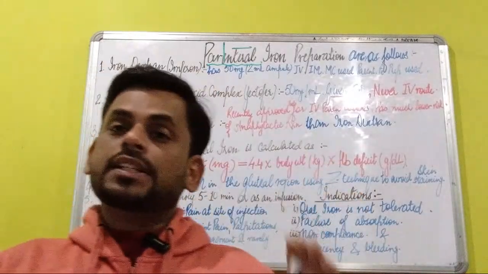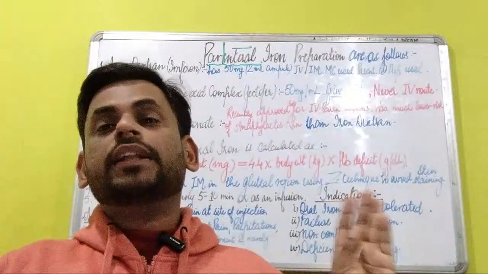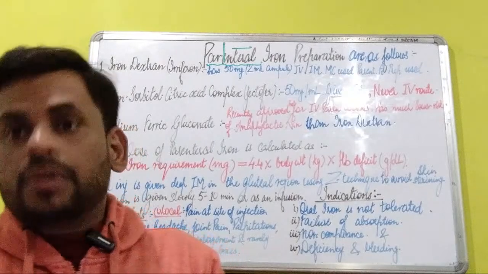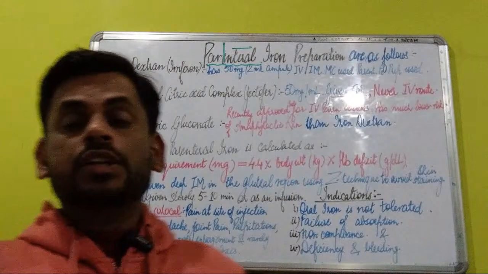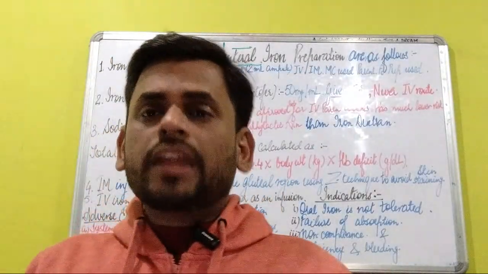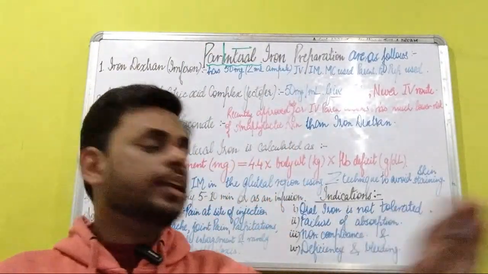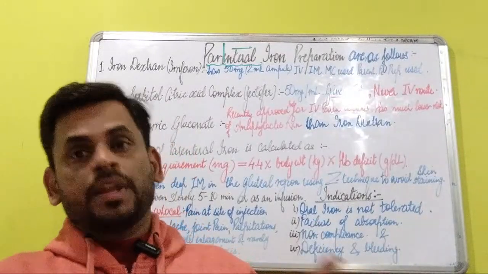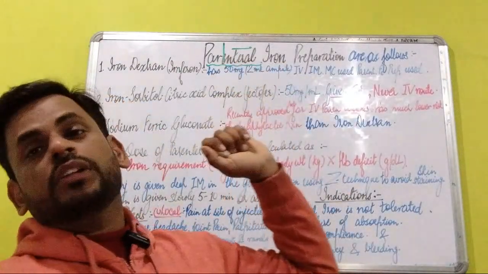Parenteral is such a condition whenever a drug is administered by any route other than the oral or the alimentary canal. So parenteral iron preparations, in indirect terms, means whenever a drug is given in the form of an injection or through an intravenous route. Any vein, if the drug is administered through the blood circulation, that is a parenteral route.